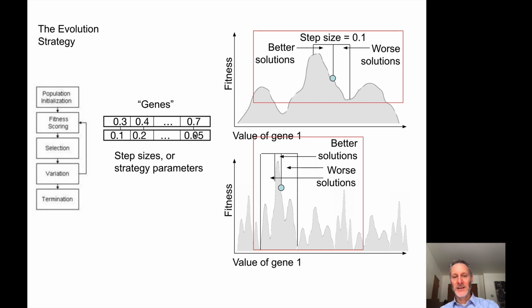This particular gene is going to be mutated less than these other genes. So we're allowing the evolution strategy to set the step sizes, how much we mutate any given gene by.